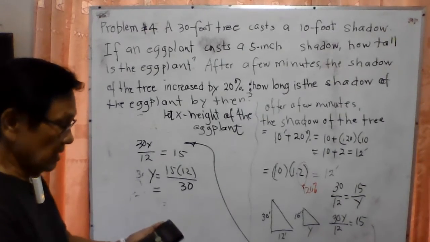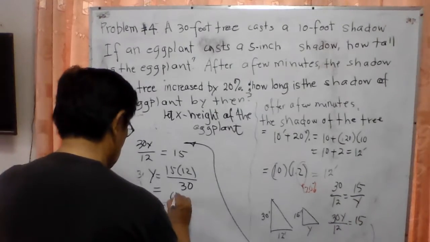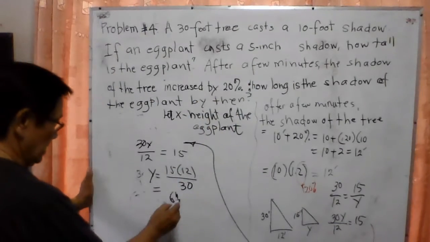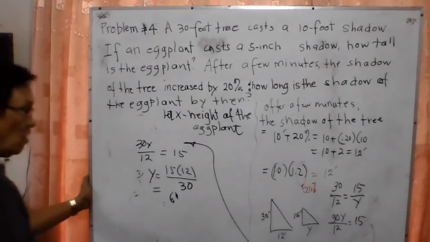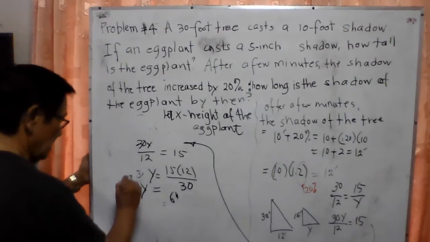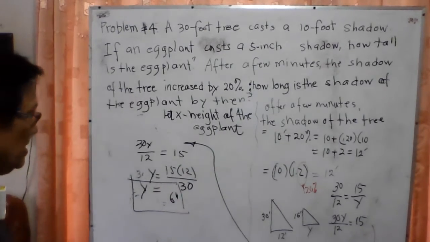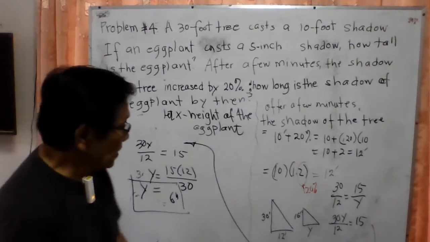The answer now is 6 inches. So that's the answer. From 5 inches, the shadow of the eggplant now has become 6 inches. So that's it. That's the solution to our problem number 4.